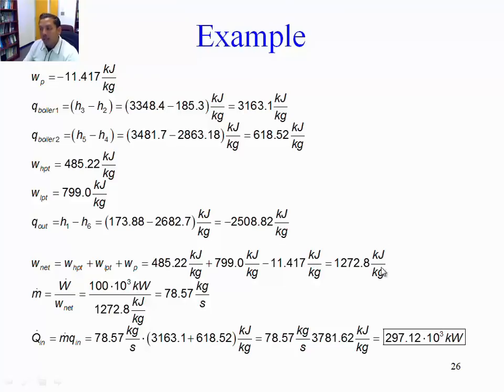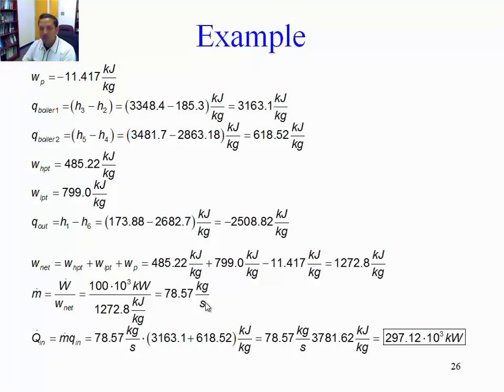Not only that, because this system is producing less amount of net specific work, if we wanted to produce the same 100 megawatts of power, this means that this will require 78.57 kilograms of water for every second. So we need to circulate more water through the system in order to be able to produce as much power.